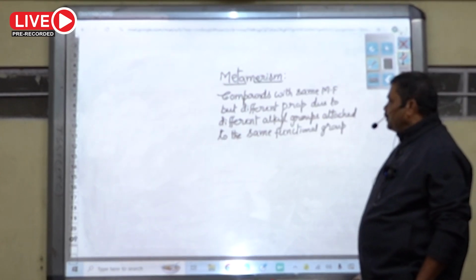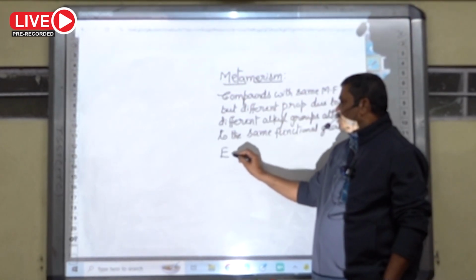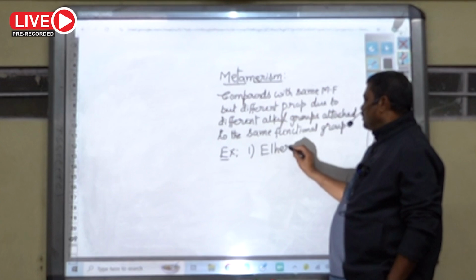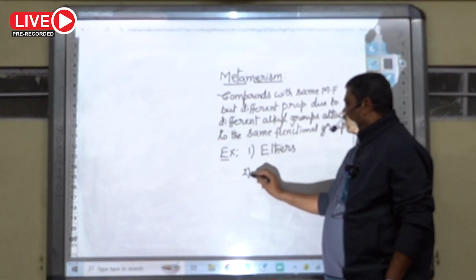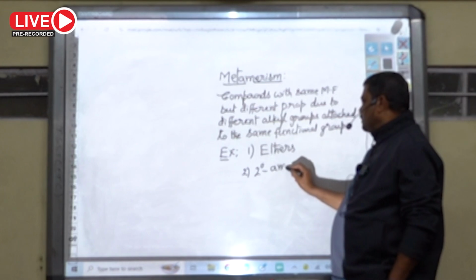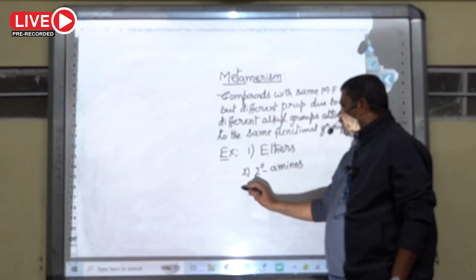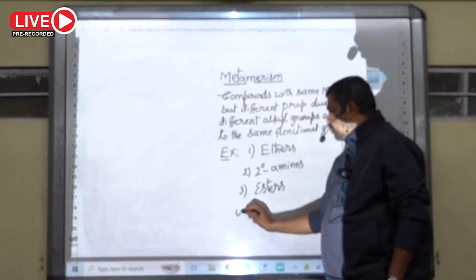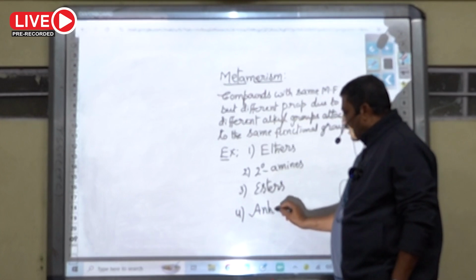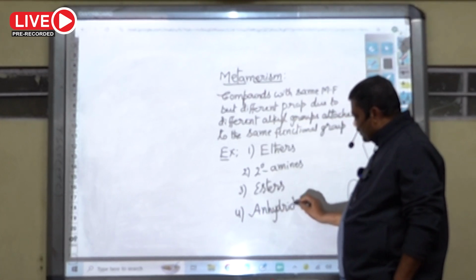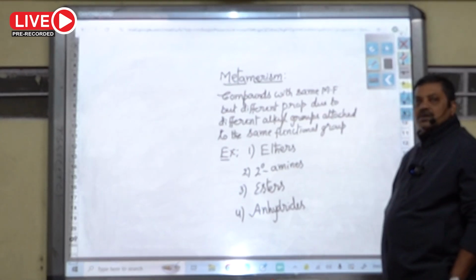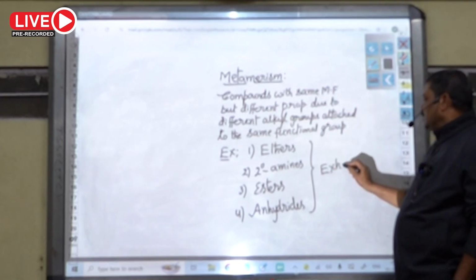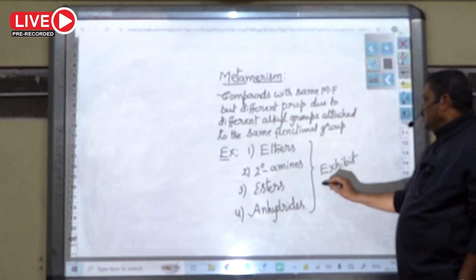Example: number 1, ethers; number 2, secondary amines; number 3, esters; number 4, anhydrides. All these will exhibit metamerism.